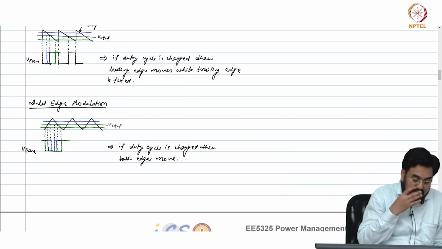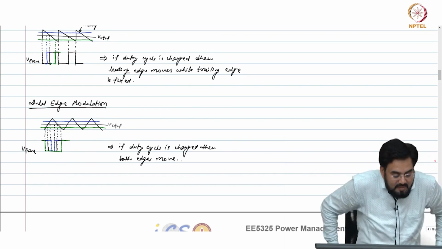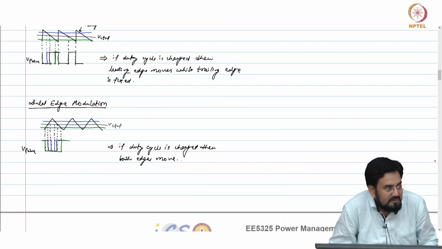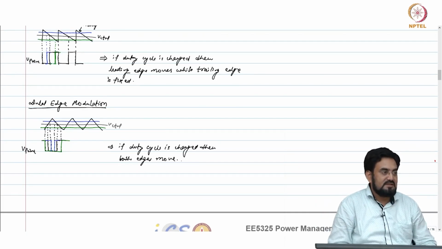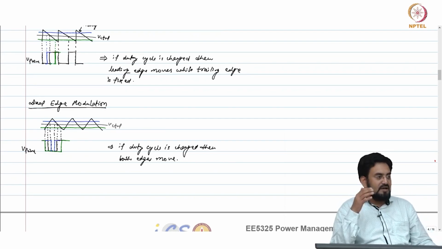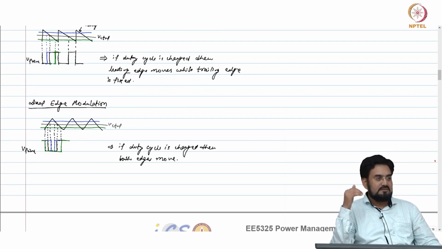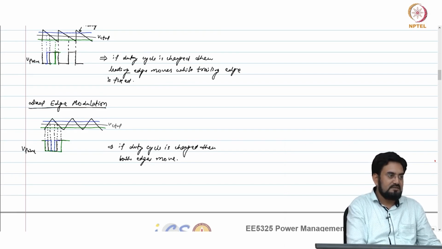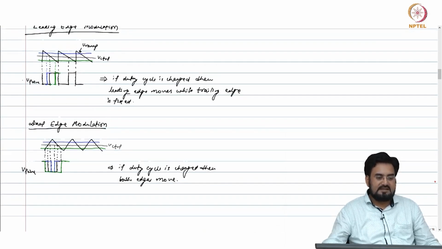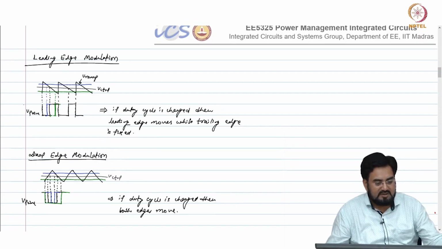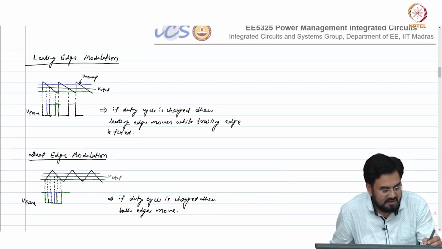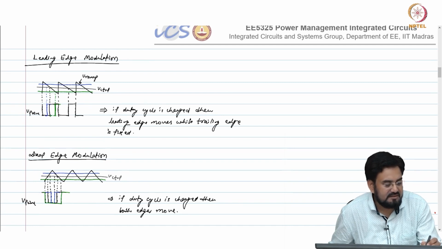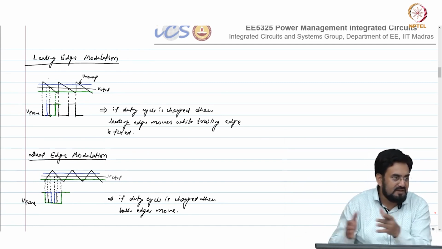what is the advantage of this, if you are moving both the edges compared to the single edge? You are sampling your control signal at 2x rate here. Once your duty cycle is set, for example the first case where the duty cycle is around 50%, it will not change for the entire clock cycle.